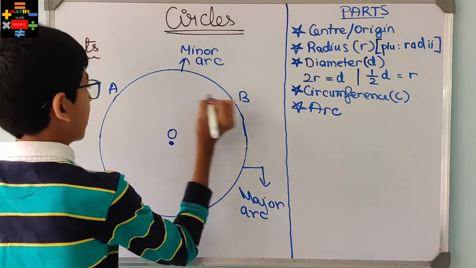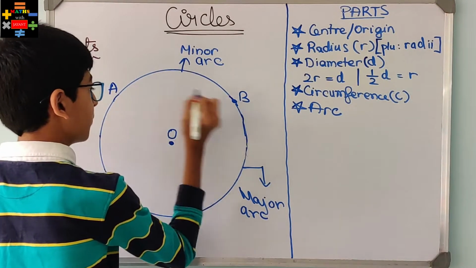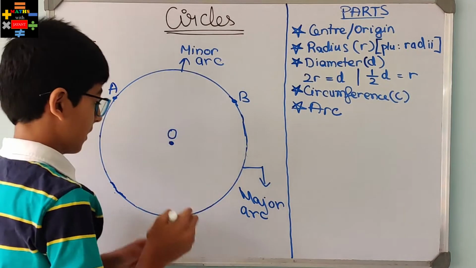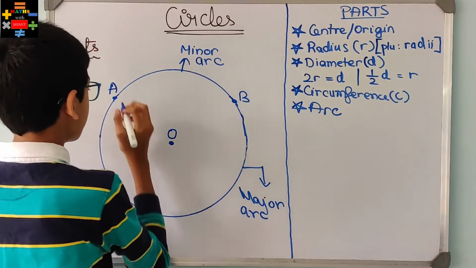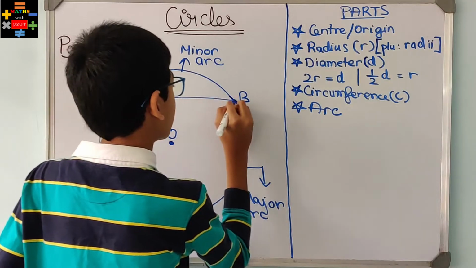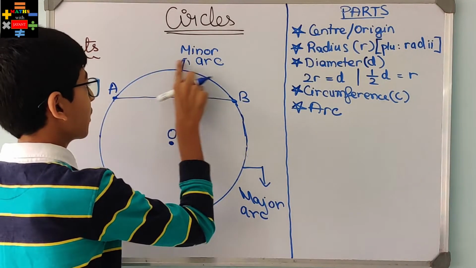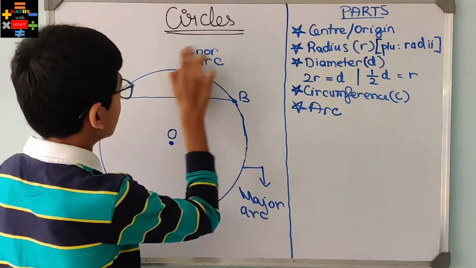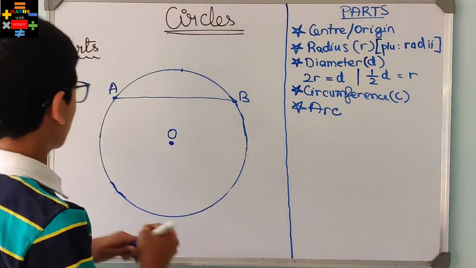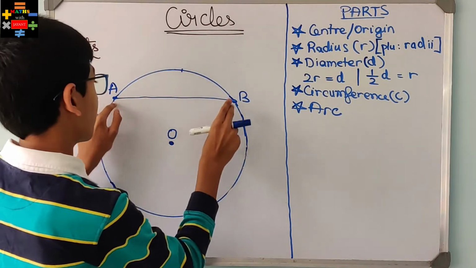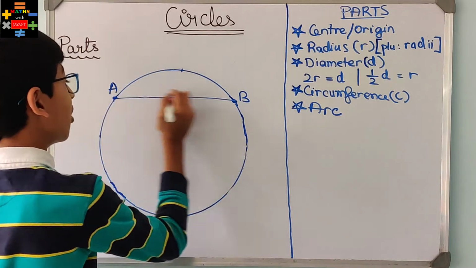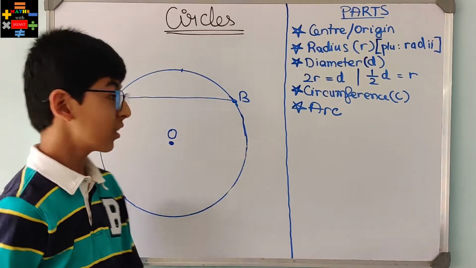Now let me just join them. So this is point B and point A. Let us forget about the arcs. So what I did is I made 2 points A and B on the circumference and I joined them. So what is this?